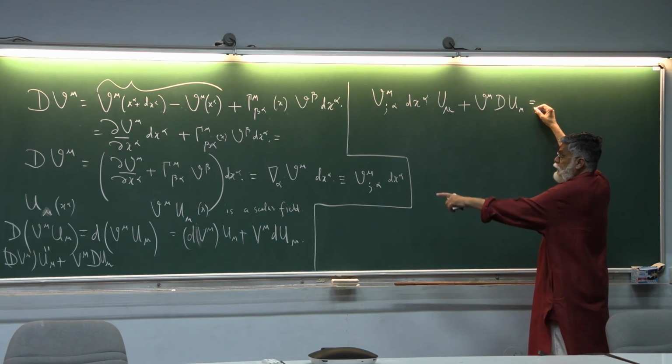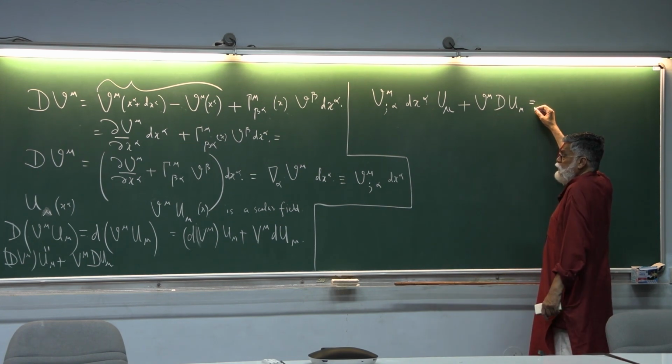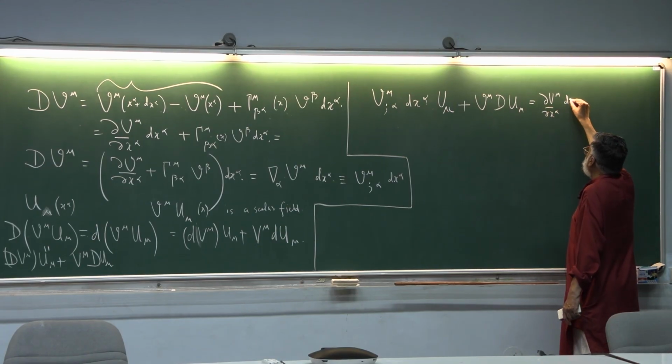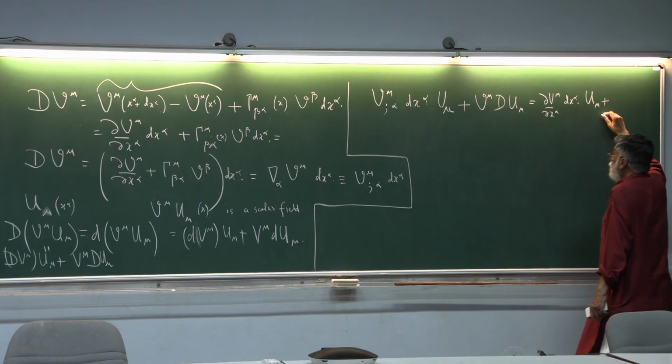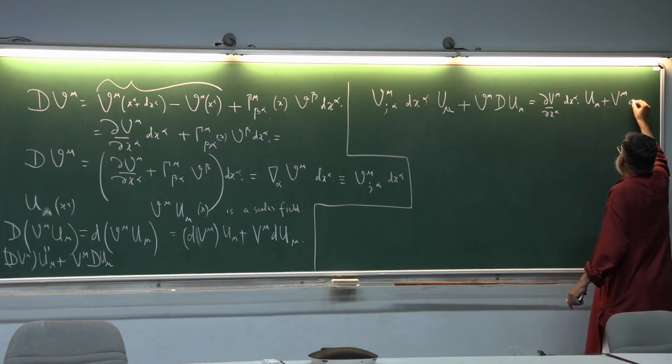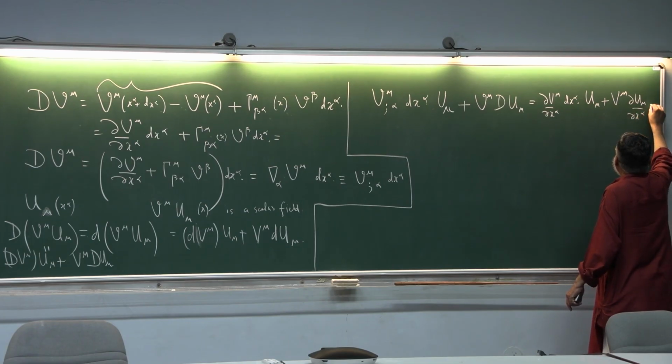This is equal to the ordinary differential d of v mu u mu, which is nothing but del v mu by del x alpha dx alpha u mu plus v mu, ordinary differential, del u mu by del x alpha dx alpha.